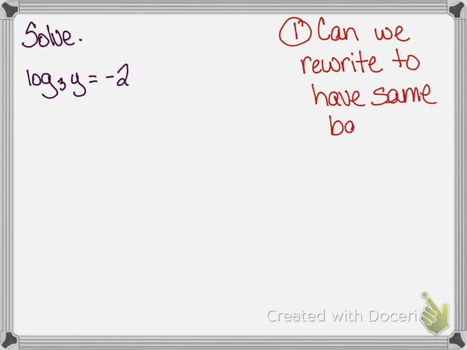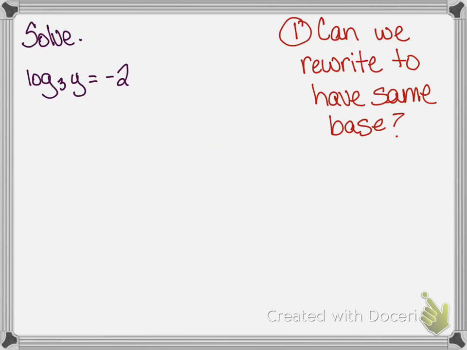That is the first way, and we did that last Thursday. So that would be if I had 2 to the x equals 4, can I rewrite 4 in terms of 2? That's what that first technique is. Can we rewrite to have the same base? Because if we have the same base, our exponents are equal.